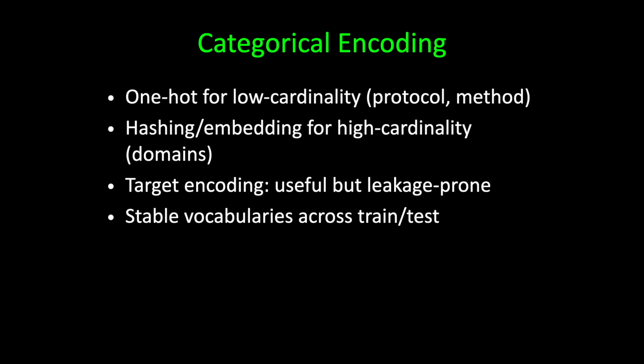Categorical variables such as protocol names, HTTP methods, countries, device roles need encoding. For fields that are low cardinality, one-hot encoding is simple and robust. Each category becomes a separate 0 or 1 column. It's easy to interpret, it's safe from leakage, and so on. But if the field is high cardinality, like domains or user agents, that can pose a challenge.